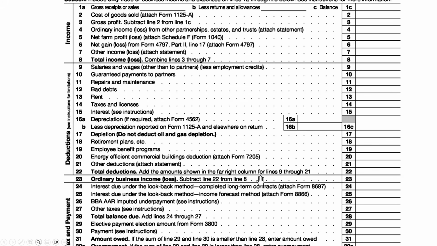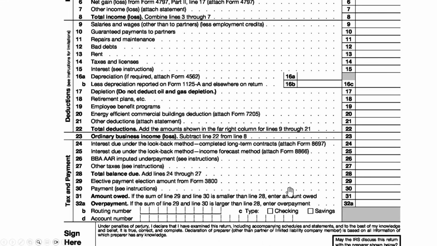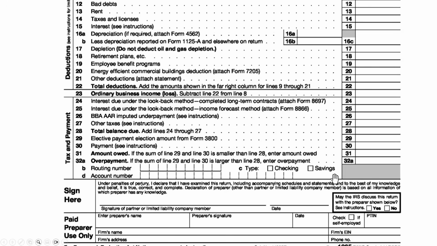Then you're going to have some amounts that can actually be owed by the partnership itself. So again, usually the partnership is not paying any taxes, but you have these circumstances where they can. So you would show those amounts here, and then you have your signature blocks. We will look at some of the other parts of the 1065 a little later in this video.